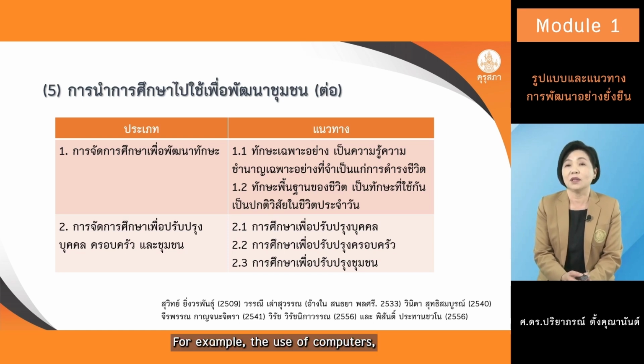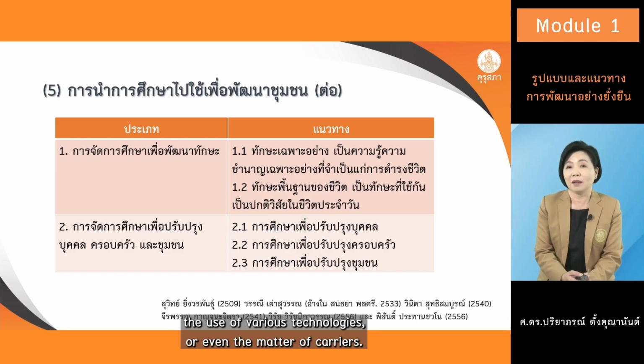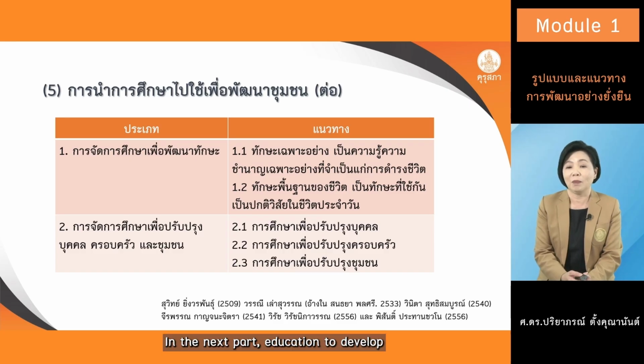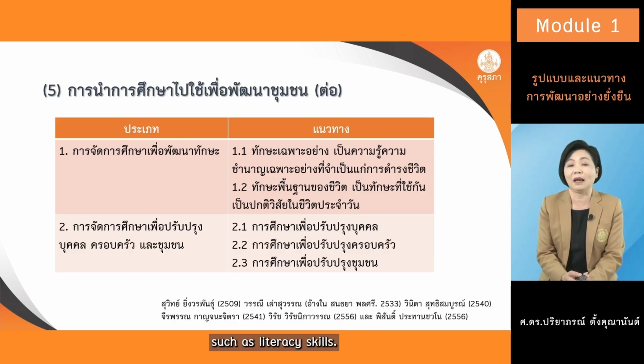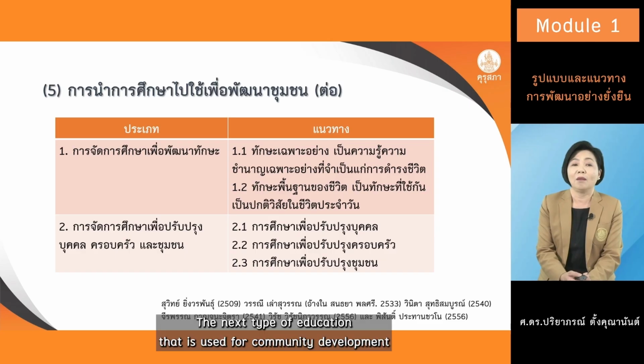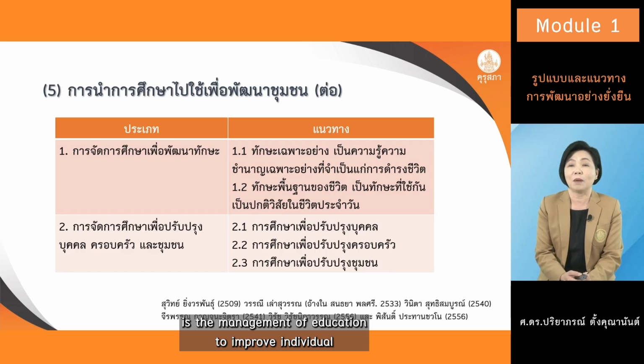For example, the use of computers, the use of various technologies, or even the matter of careers. In the next part, education to develop skills may be basic life skills, skills that are used in everyday life, such as literacy skills.